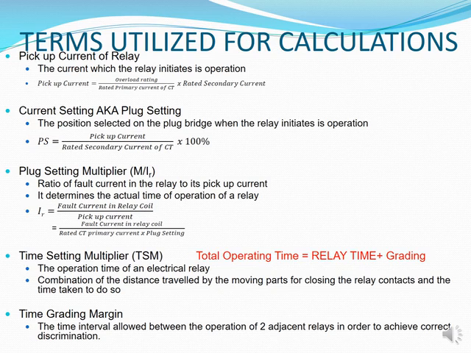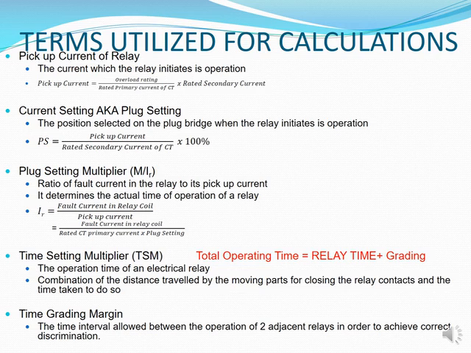So the first thing that we look at here is the pickup current of your relay. And this pickup current is the current at which your relay initiates its operation, which gets calculated by saying your overload rating of your system divided by your primary current of your CT times your secondary current of your CT. This can also be just written as your overload rating divided by your turns ratio of your CT.